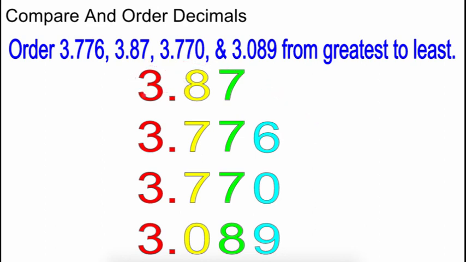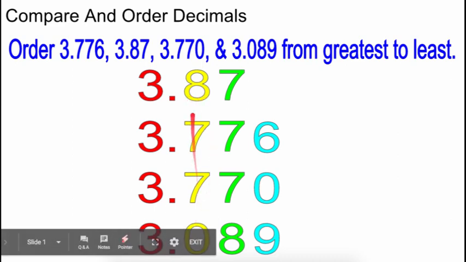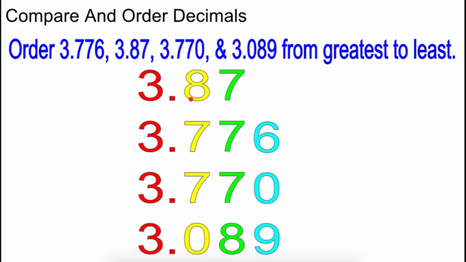So we get to the 3 first, and then the 8, and 8's bigger than 7, and 8's bigger than 0. Also, we can look at these and say, oh well, 776 is way bigger than 87, but if you line them up with the decimals and you start at the left and go to the right and compare each digit, each place, you see that 8's bigger than 7. So this number has to be the largest, even though it doesn't have as many digits.